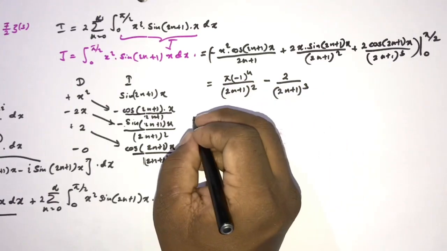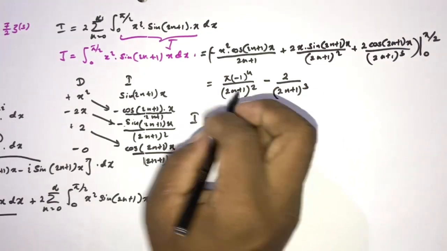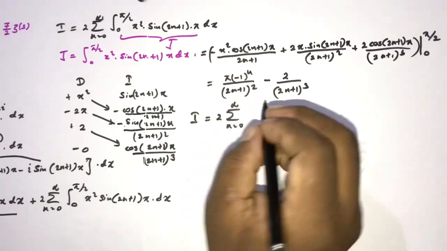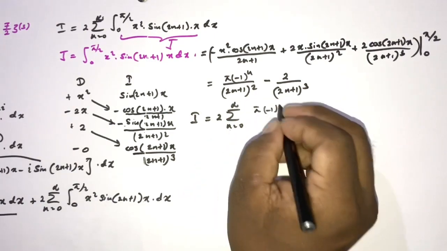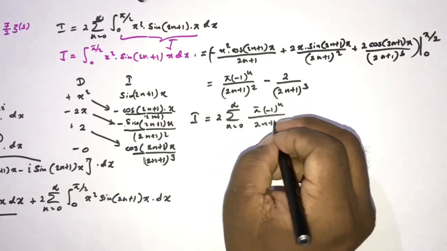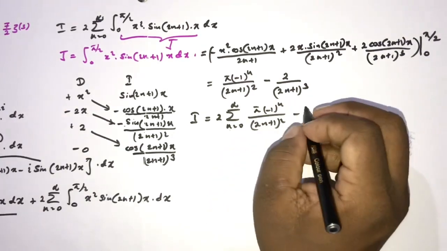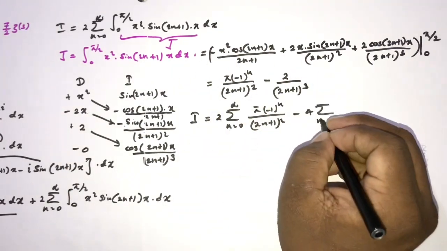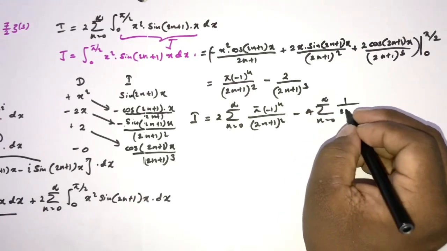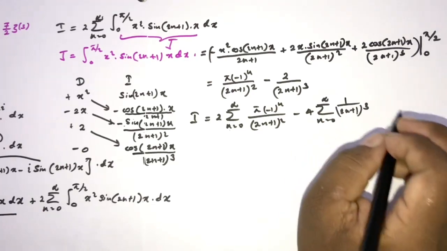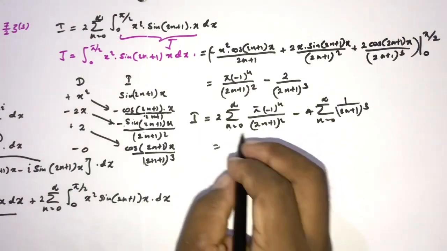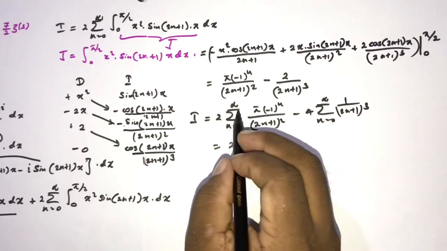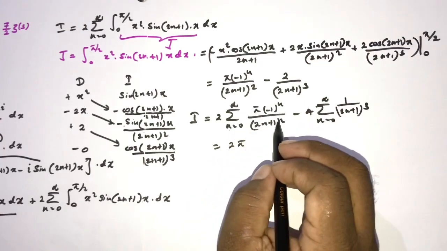Then I is equal to 2 times the infinite sum 0 to infinity of pi times minus 1 to the n over 2n plus 1 squared, minus 2 times 2, so 4 times the infinite sum 0 to infinity of 1 over 2n plus 1 to the third power. Now here we have 2 times pi, and the sum from 0 to infinity of minus 1 to the n over 2n plus 1 squared.